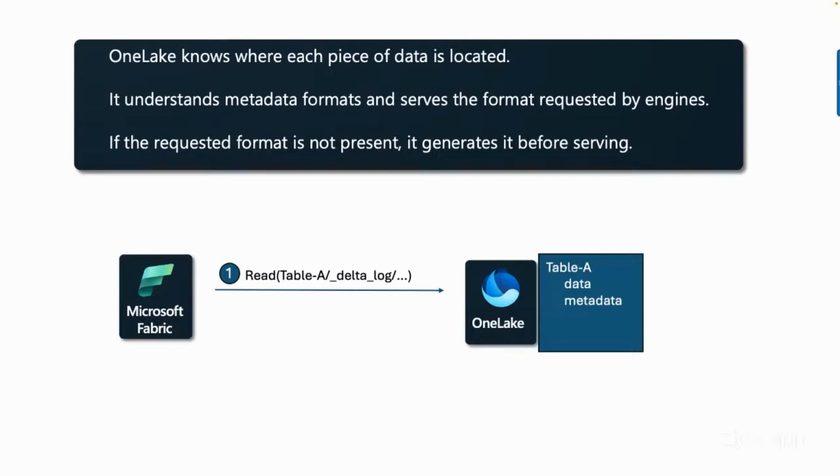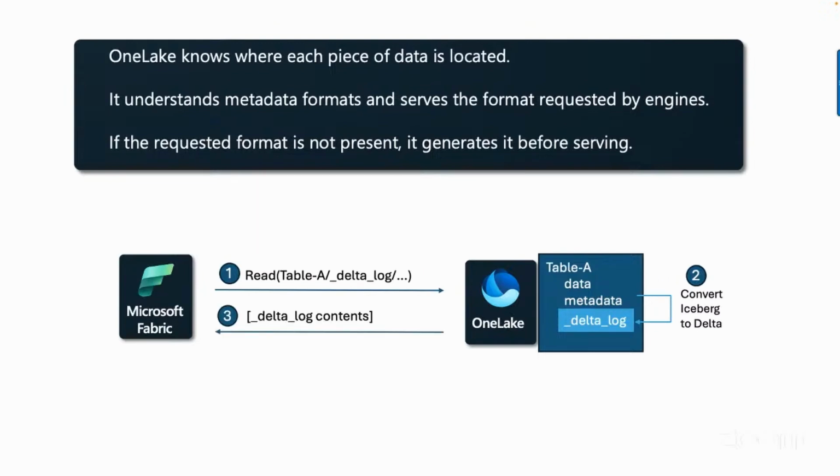Somebody's asking for it. Some Microsoft Fabric engine is asking for it, but they're asking for the Delta log, right? Because that engine can only read Delta. So what do we do? We detect that it's an Iceberg table, convert it. This is where we use XTable to convert the data, and then send back the new log.